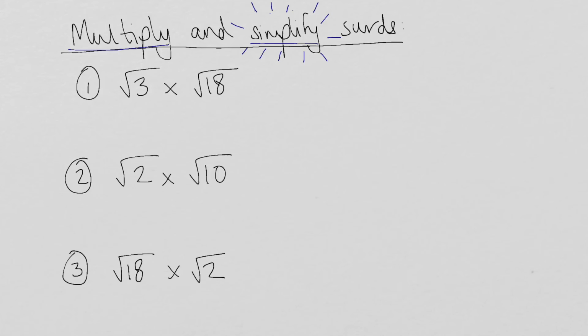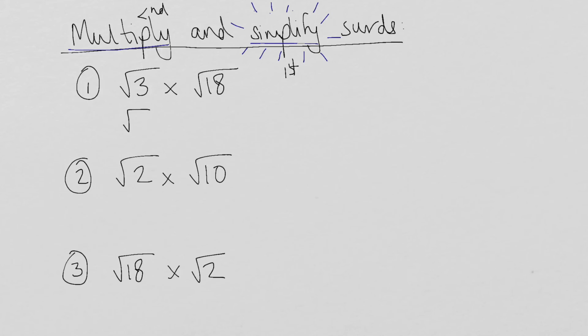So 2 ways to do this. You can either simplify them first, your surds, and then multiply them, or you can multiply them first and then spend time at the end simplifying. I prefer to simplify first and then do the multiplying part second, and I'll show you now why.